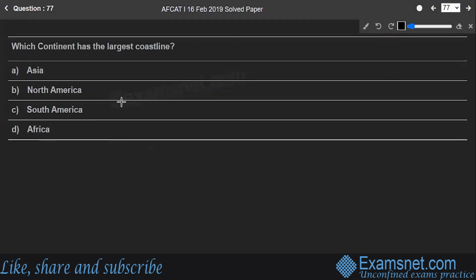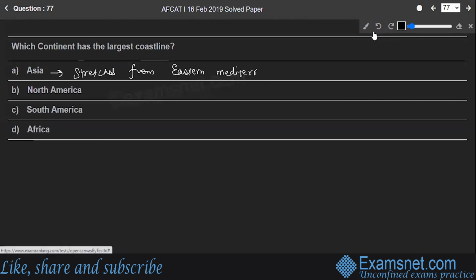Next is question number 77. Which continent has the largest coastline? Asia, North America, South America, or Africa? Well, before discussing the answer, Asia is the largest continent that stretches from Eastern Mediterranean Sea to the Western Pacific Ocean.